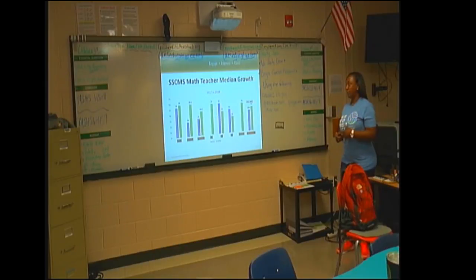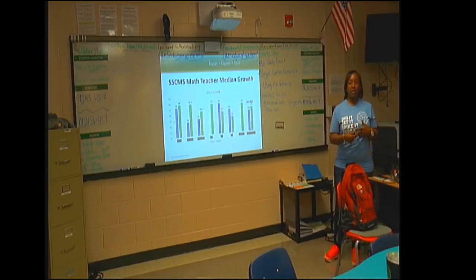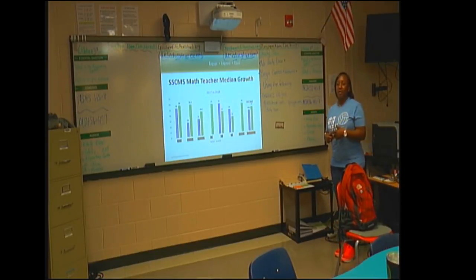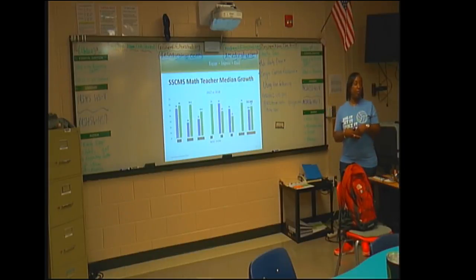So for 8th grade teachers in science, they wouldn't be able to calculate an SGP because we don't have a test that they take in the 7th grade. So just take a minute to look at this data, and let me know what you see. Any thoughts or questions?